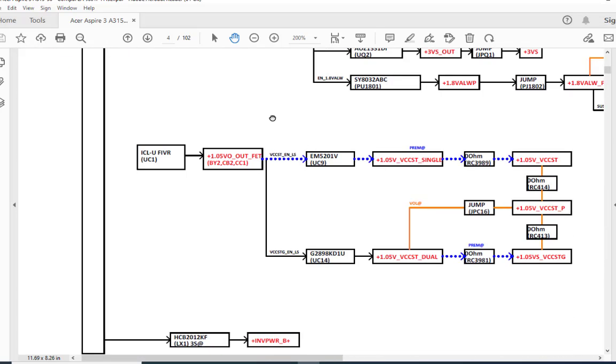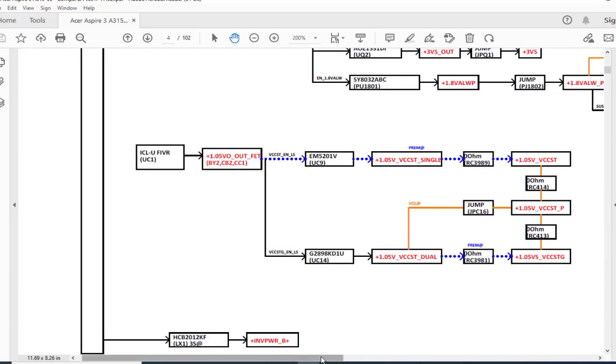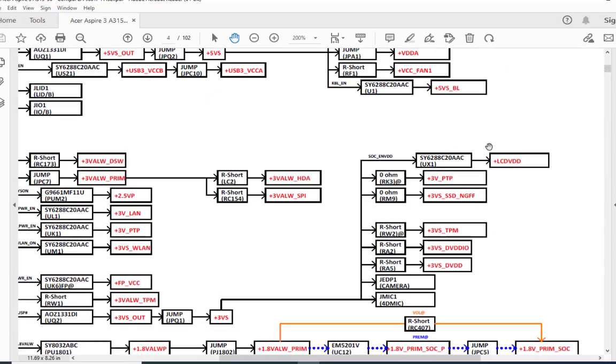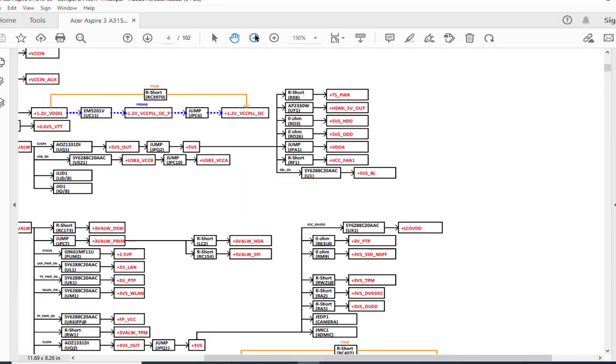In this way, these are the different voltages, and here the CPU core voltage is 1.05 V. So these different voltages are given to the different chips.